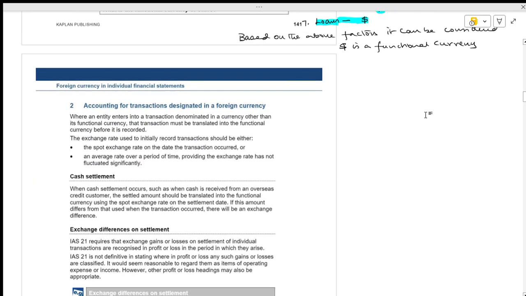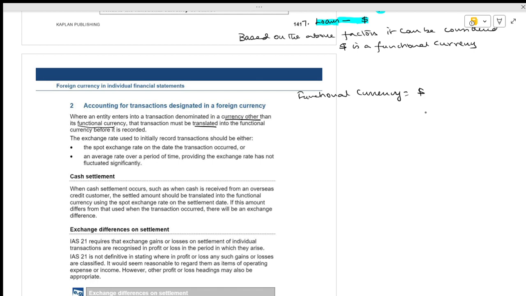Now, when the entity enters into a transaction denominated in a currency other than the functional currency, we translate it. Assume the functional currency is the dollar.